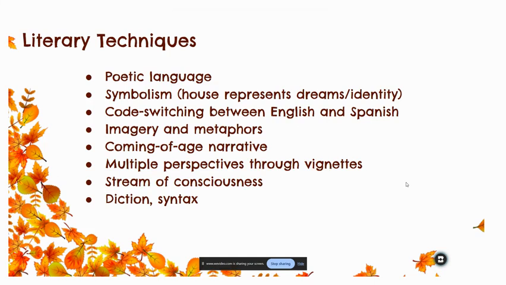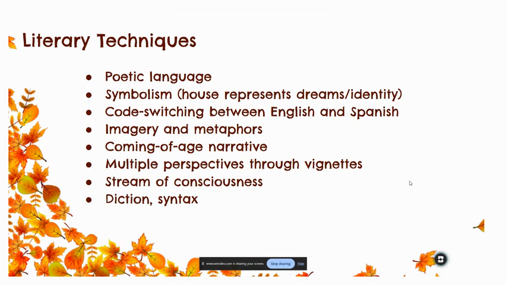Literary techniques that are common in this book: poetic language, symbolism, like the house representing her dreams or identity. They're bigger and she wants more. She code switches between English and Spanish. She uses a lot of imagery and metaphors. It's a coming-of-age narrative talking about her growth process. There are multiple perspectives told through these vignettes.